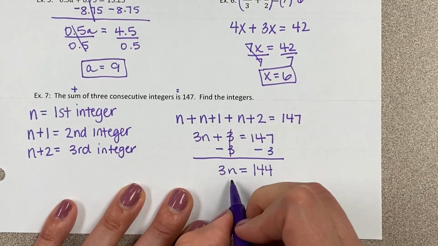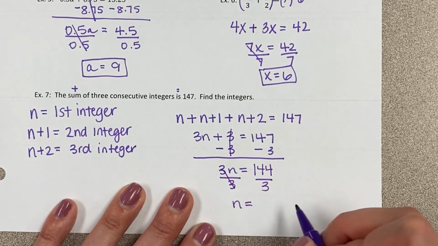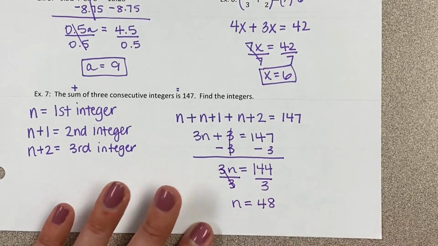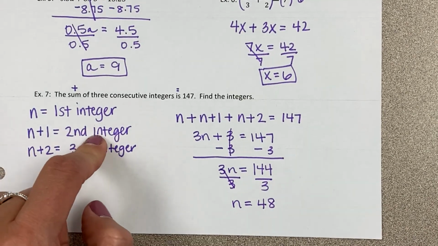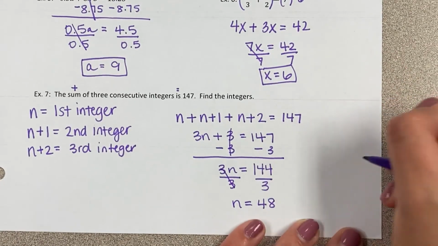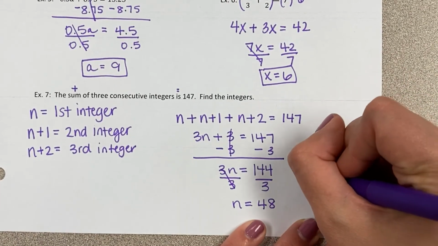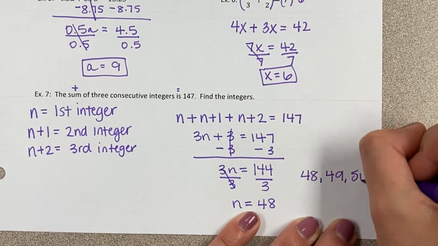Divide by 3. n equals 48. So if n is 48, that means n plus 1 is 49, n plus 2 is 50. So our three numbers would be 48, 49, and 50.